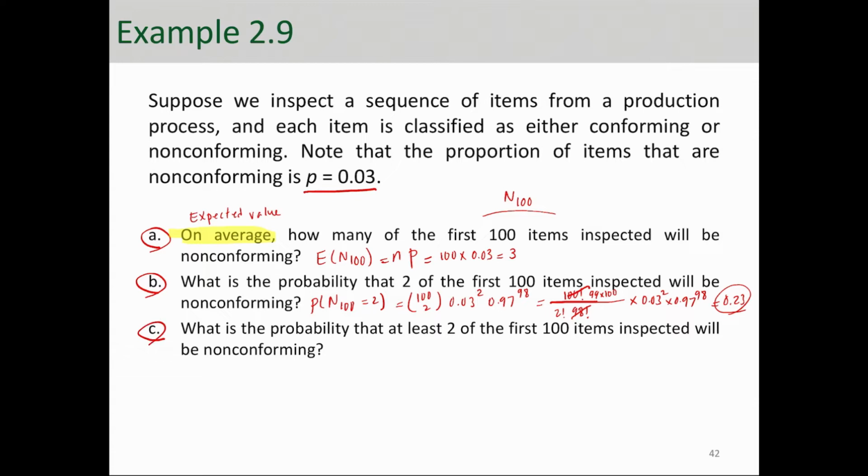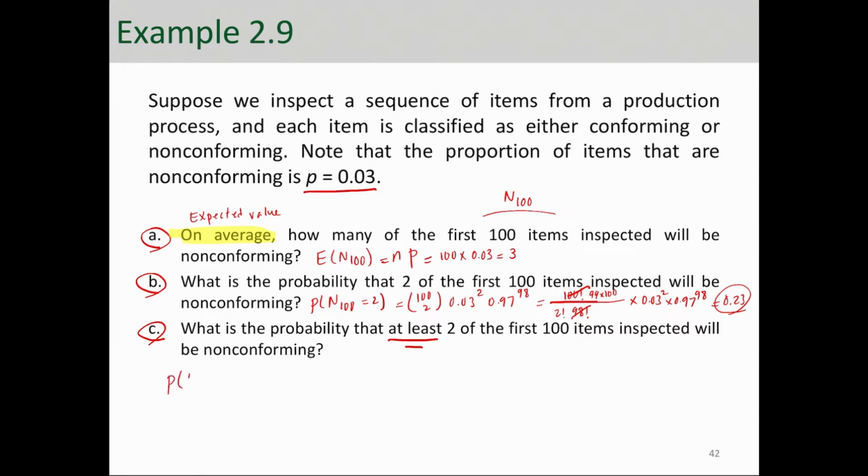What is the probability that at least 2 of the first 100 items inspected will be non-conforming? Well, when it says at least, it means 2 non-conforming, or 3, or 4, or 5, and it goes all the way to 100. And that's a lot of probabilities to calculate.